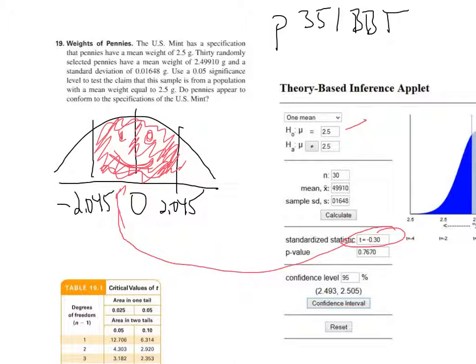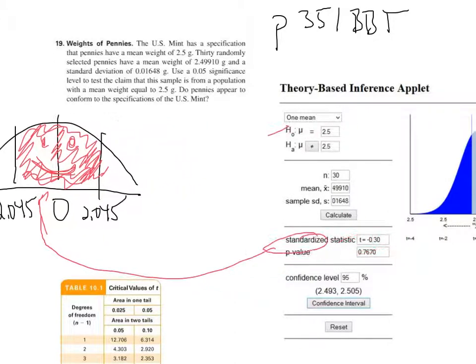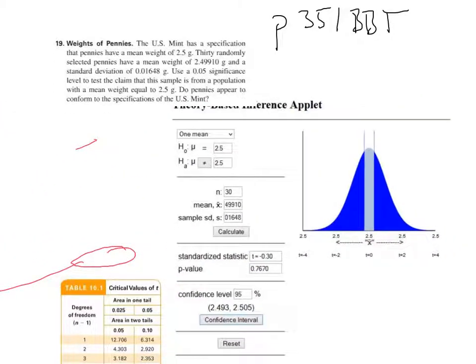Now another way to have done this is to talk about the p-value. Because it's a two-tailed test, we had to talk about the area in two tails, and that area in both those tails adds up, according to the software, to 0.67 or 0.76. We only reject H0 if this p-value is less than the level of significance, and it certainly isn't less than the level of significance.